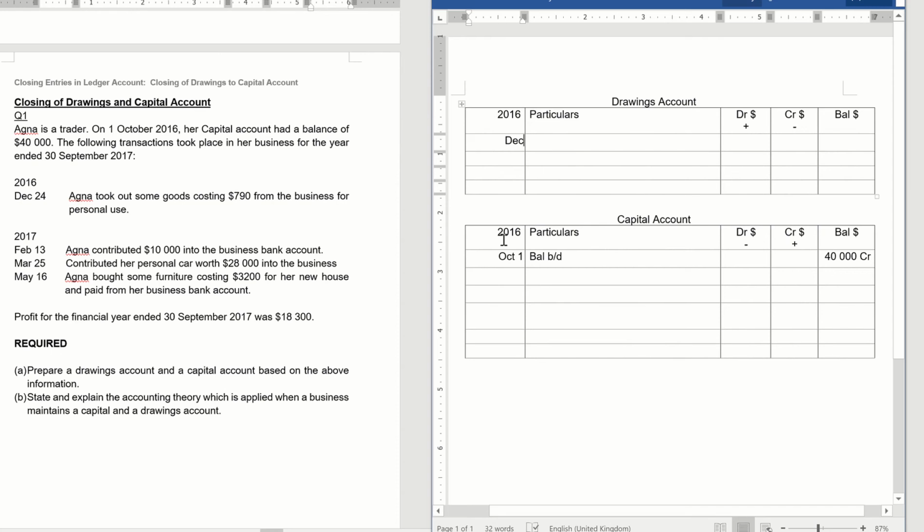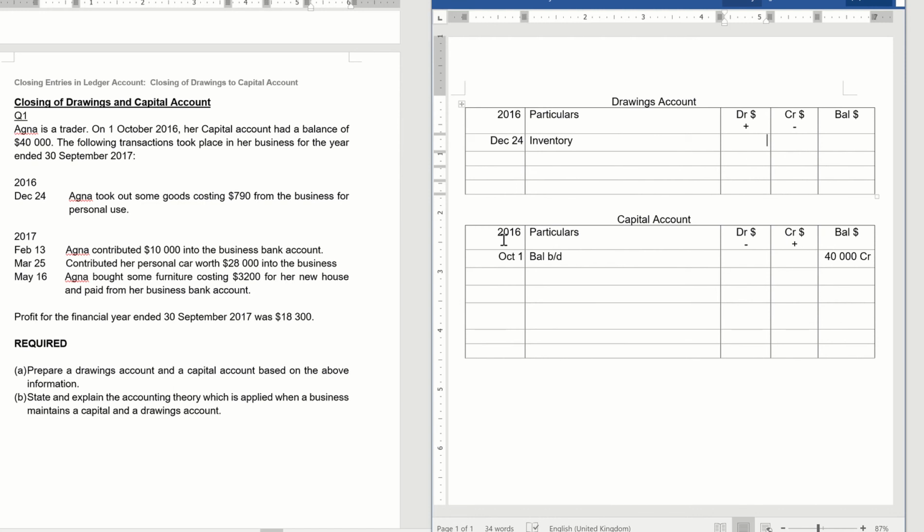Okay, so on December 24, this transaction talks about the owner taking out goods from the business for personal use. Hence, this is actually drawings. So in terms of double entry, the drawings account will be debited, and then what do we credit? In this case, goods are known as inventory.